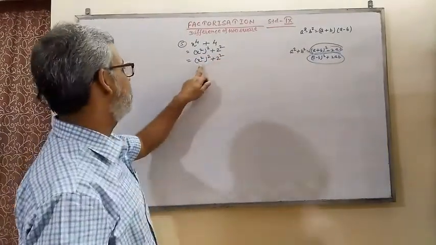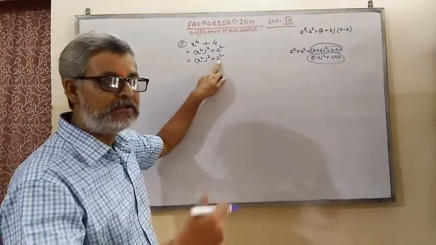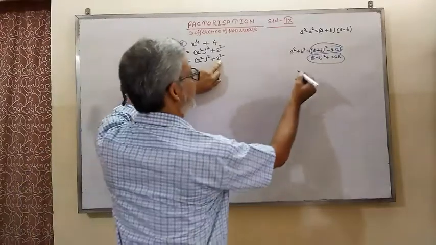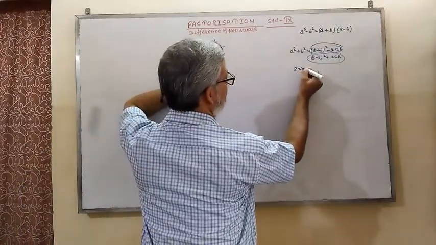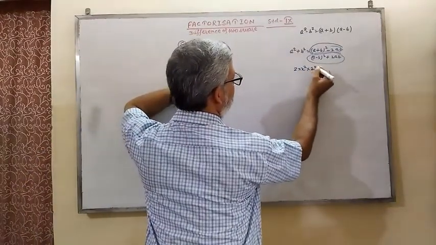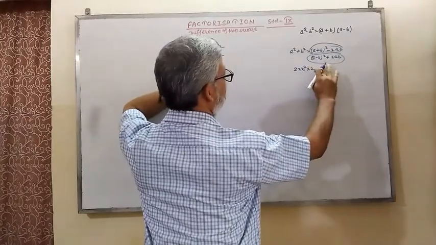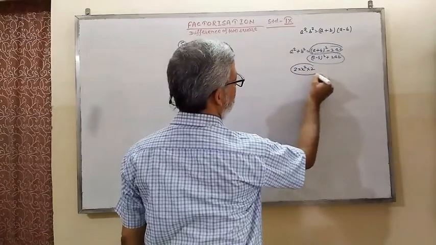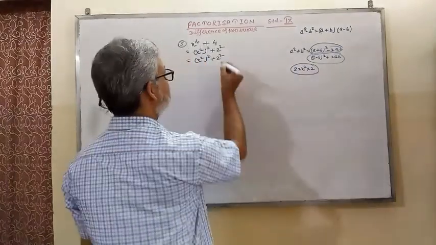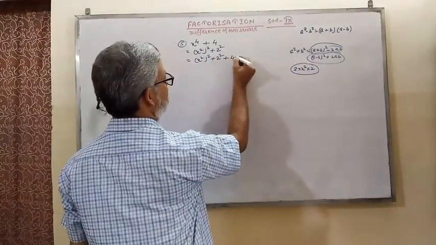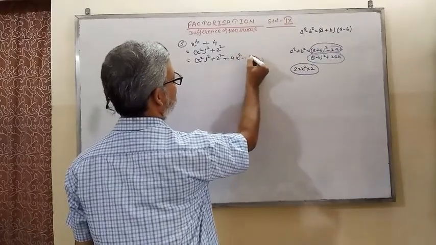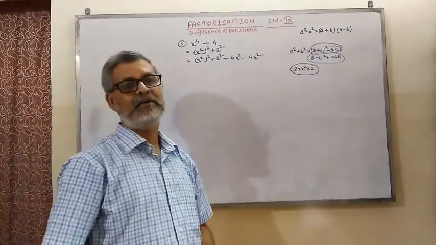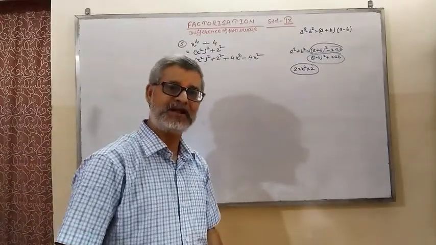If this is a square and this is b square, what is the value of 2ab? 2ab is 2 into x square into 2, so 2ab means 4x square. It means first we add 4x square and subtract 4x square.